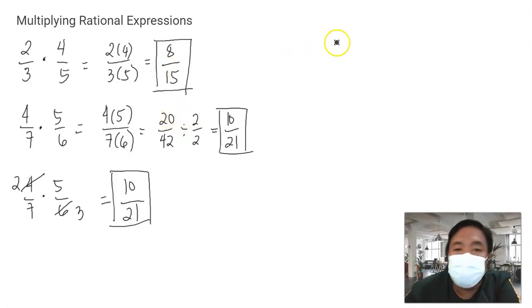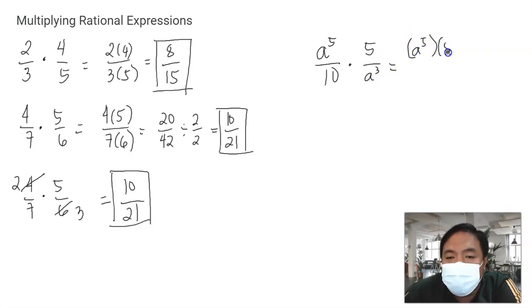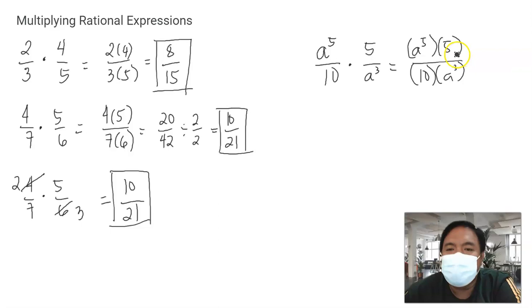For example, I have a raised to 5 all over 10 times 5 all over a raised to 3. So, pwede nga po natin gawin, it's a raised to 5 times 5 all over 10 and then a cube. So, dyan po, may kita na natin.